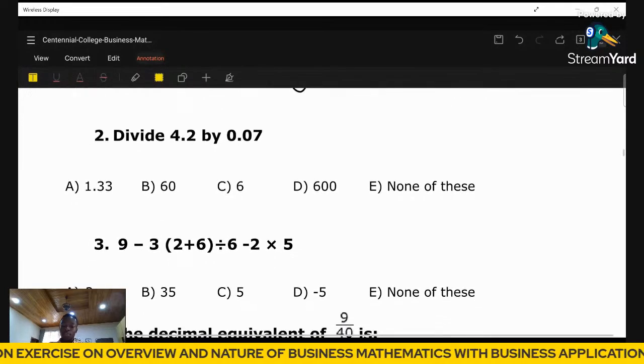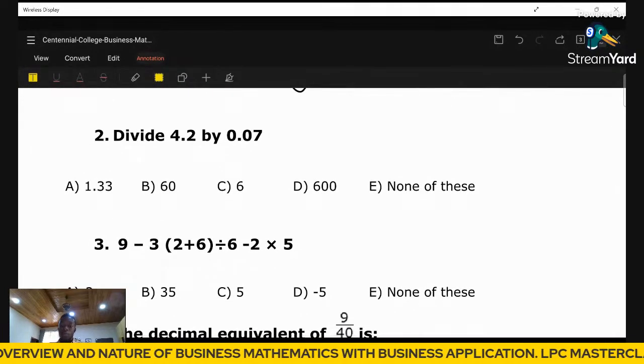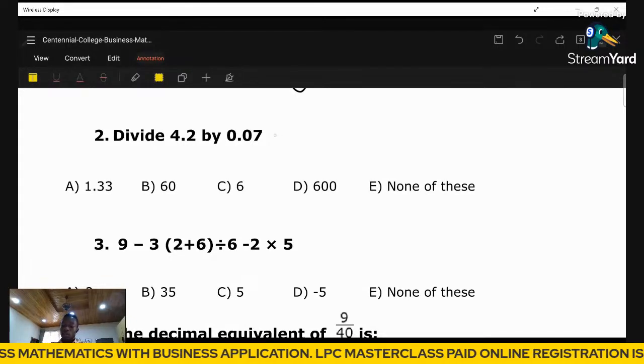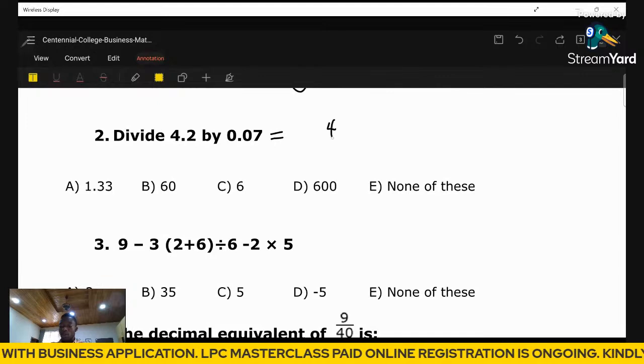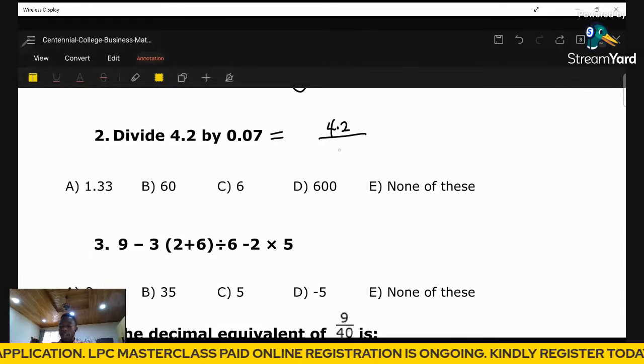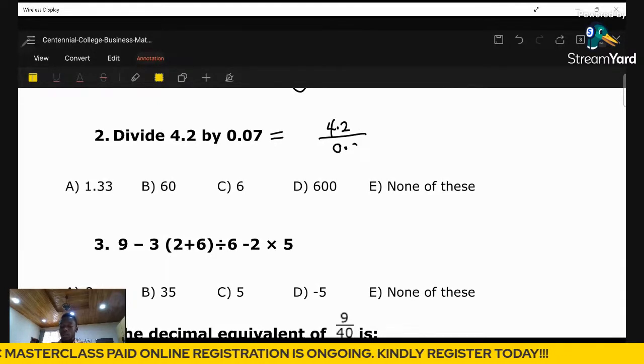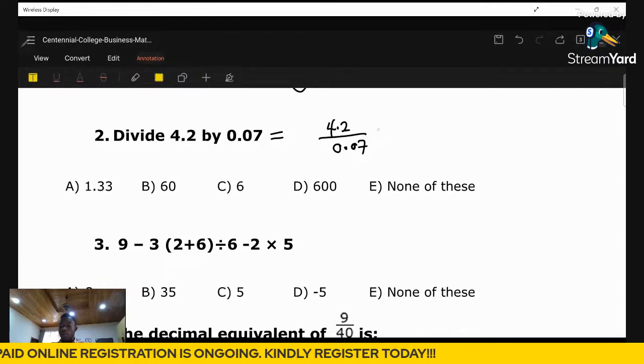Then question 2. We are asked to divide 4.2 by 0.07. And what are we getting?